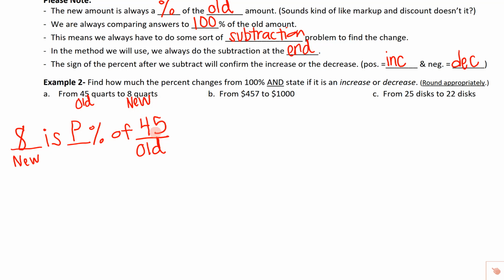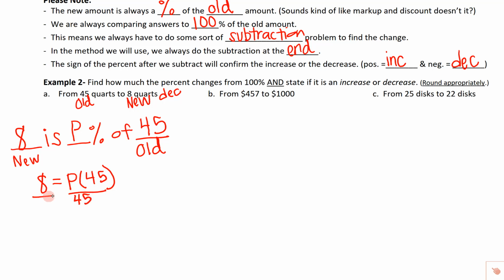Looking at 45 to 8, I know it went down, so that is a decrease. I know I should get a decrease as my answer. So here's my equation: 8 is P percent of 45. Okay, then we're just going to solve this.